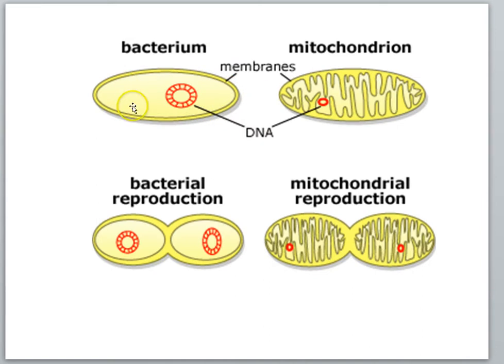A single mitochondrion, kind of like a bacterium, will just go through reproduction. So the mitochondria will sort of split into two mitochondria. Now, we'll be learning later that the DNA of the original mitochondrion will have to be duplicated, so each daughter mitochondria will have its own copy of DNA, just like bacteria reproduction.